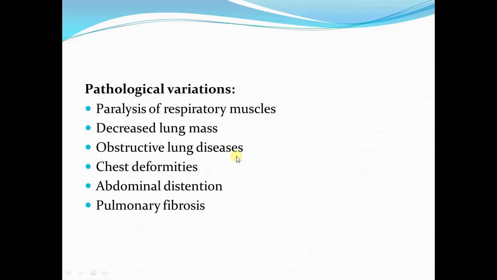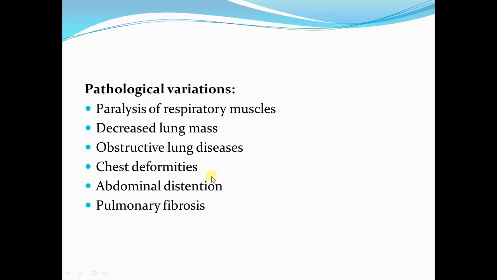It causes an increase in airway resistance, which makes it difficult to expire, due to which there is an increase in the functional residual capacity and the residual volume. So in obstructive lung diseases, there is an increase in the residual volume and the functional residual capacity.